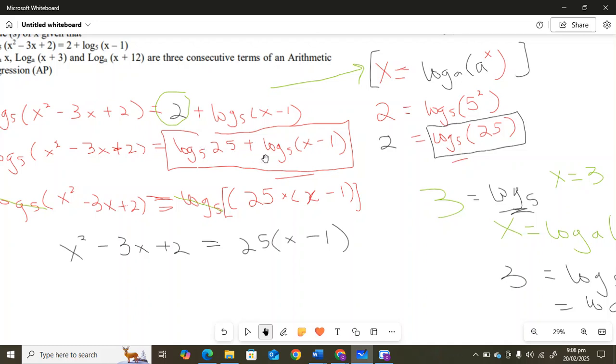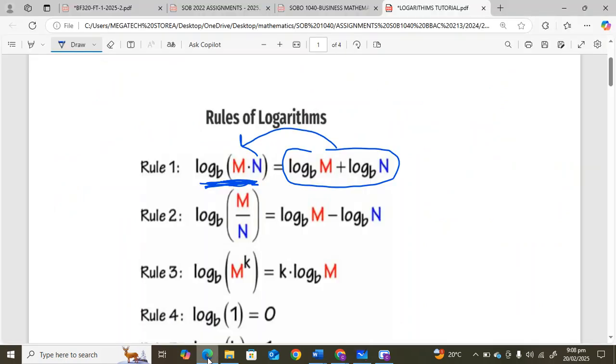Then after we did that, if you see logarithms being added, apply the product rule, okay? If you see logarithms being added, same base, log 5 here, log 5, apply the product rule. Here, this is log 5 25 plus log 5 x minus 1.